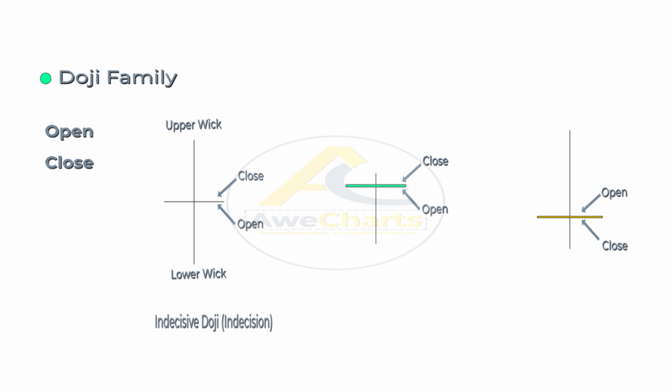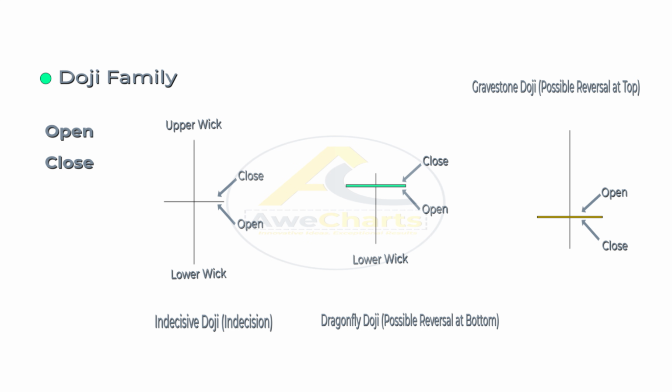Number 2 of the Doji family is the Dragonfly Doji. The open and close are almost at the same price level with a long lower wick. It shows price got pushed way down, but buyers fought back. This means there might be a possible reversal at the bottom. The 3rd Doji candle is the Gravestone Doji, which is the opposite of the Dragonfly Doji pattern.